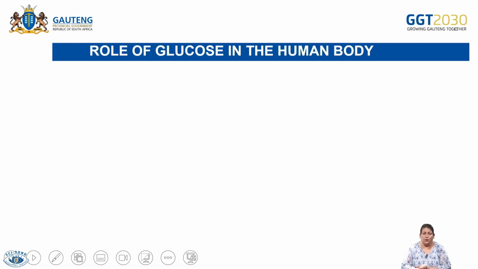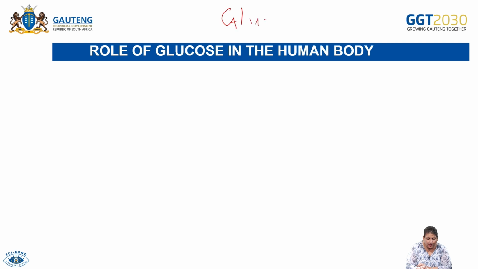Now we're going to look at one of the chemicals in the body that must be kept constant. It must always be at around 6 to 7 milligrams in the blood, and that is glucose. Learners, this is a very important molecule, glucose. Remember that glucose is made up of C6H12O6, ne?